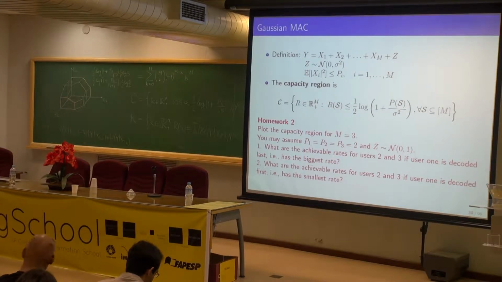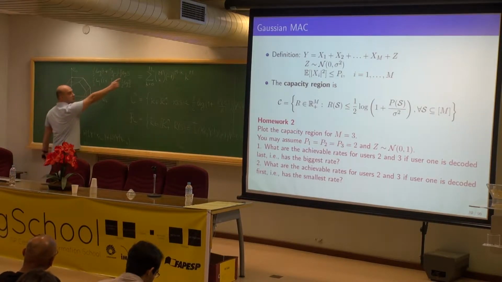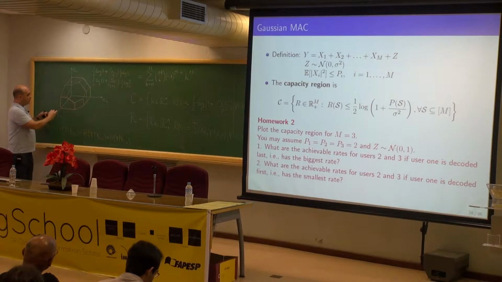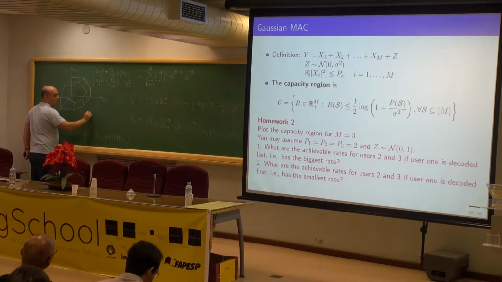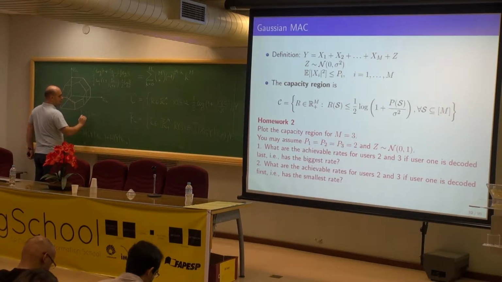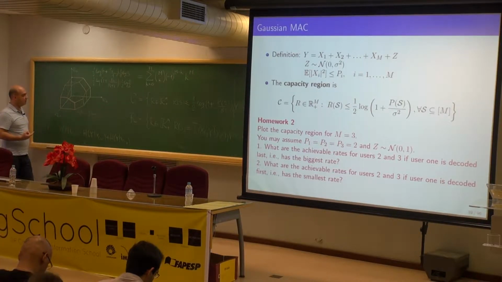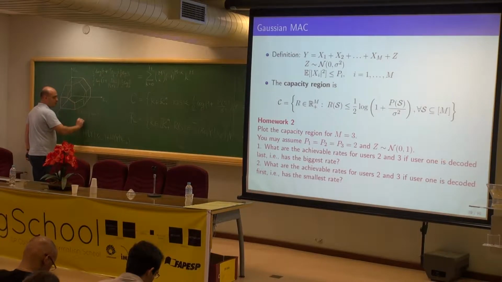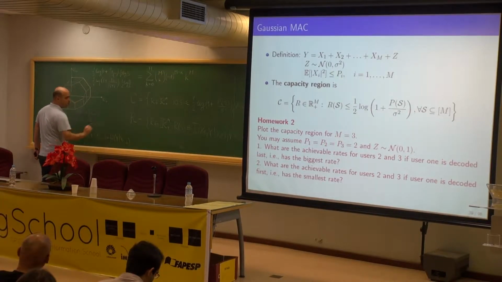And hence, we can write the characterization of these two regions. For R1 equal to the max, the region is R2 smaller than 1/2 log 5/3, and R3 the same thing. We have two inequalities here. And then their sum, what is their sum? Smaller or equal to, what is the sum? 1 plus what?